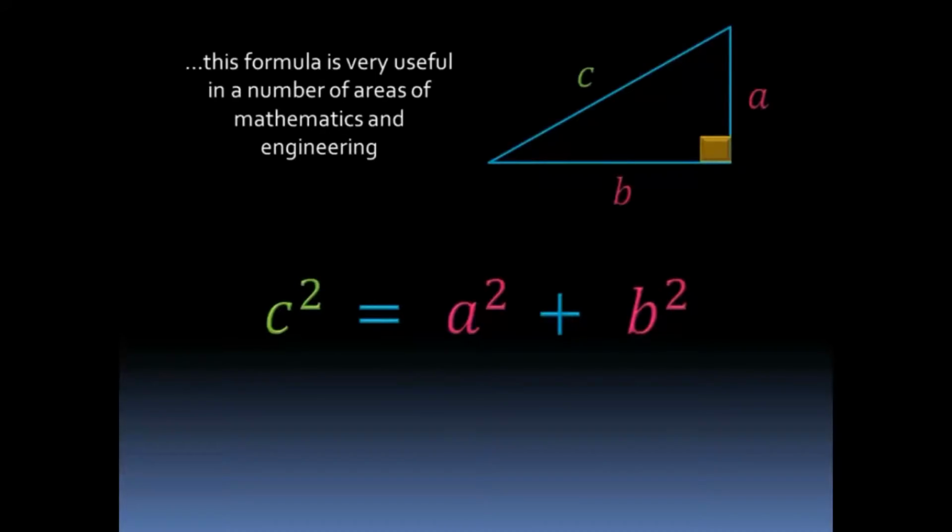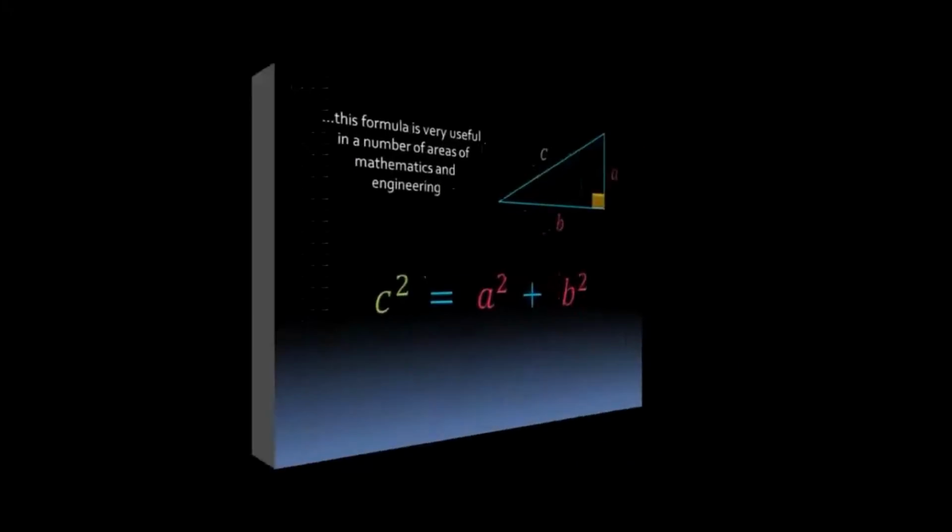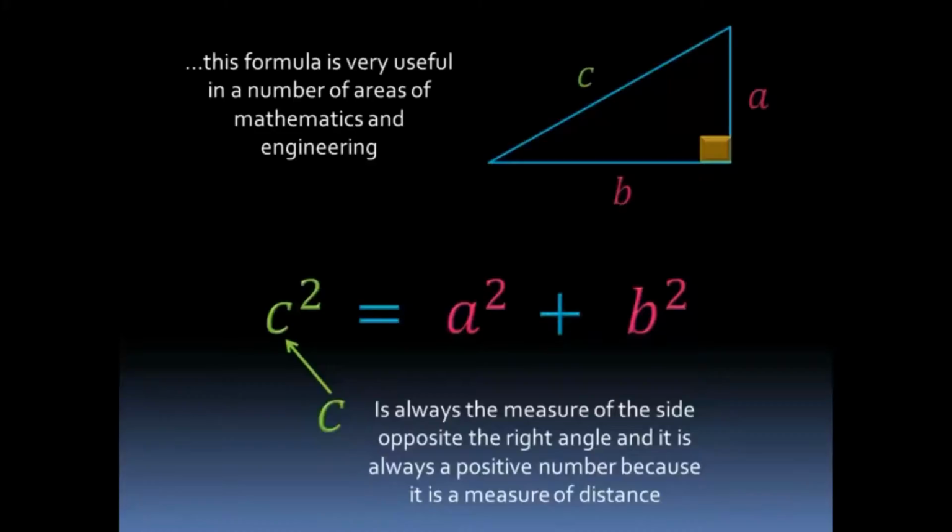Notice that this formula is saying that the square of the measure of side C equals the square of side A plus the square of side B. It is not saying that C equals A plus B. It's also important to remember that C is always the measure of the side opposite the right angle.